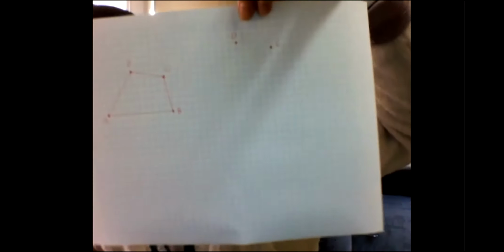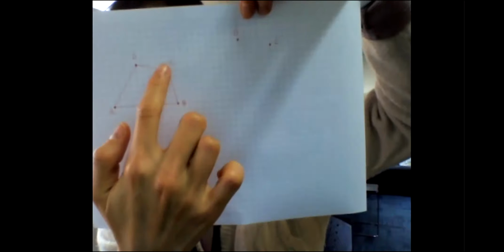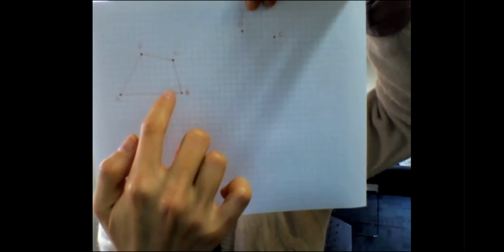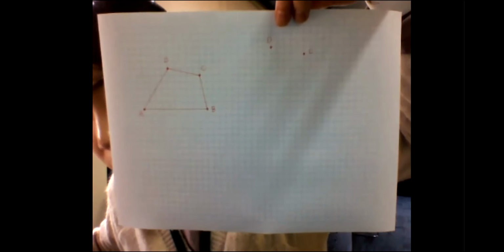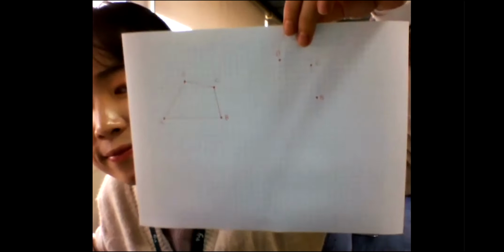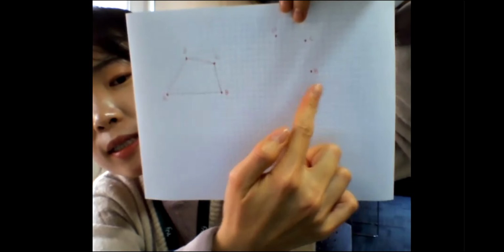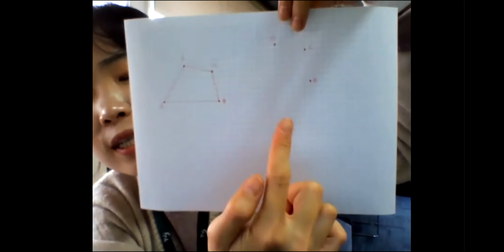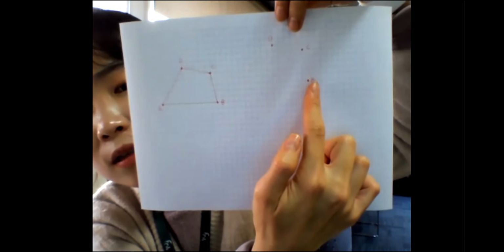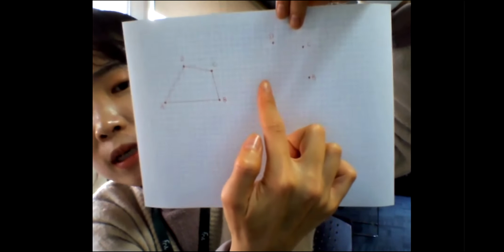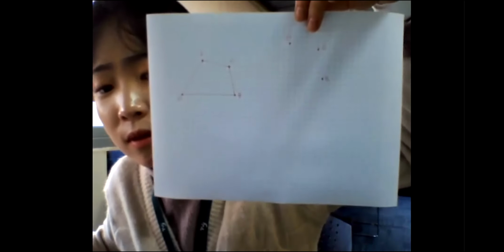From point C to B, I go down 1, 2, 3, 4, 5 units and 1 unit to the right. And from point A to point B, I count 10 units directly horizontal.